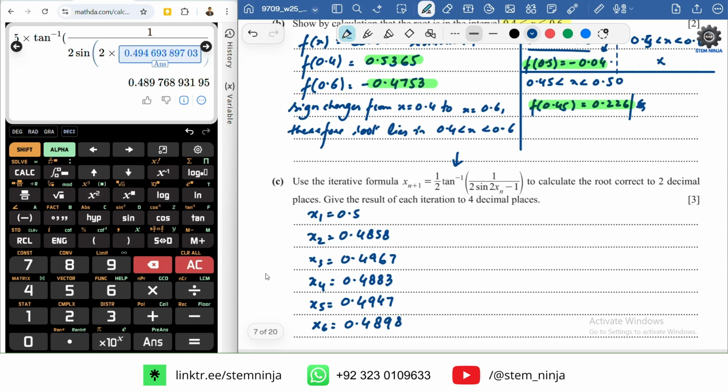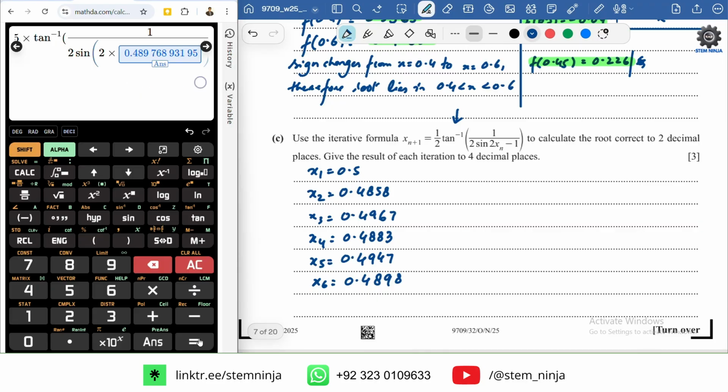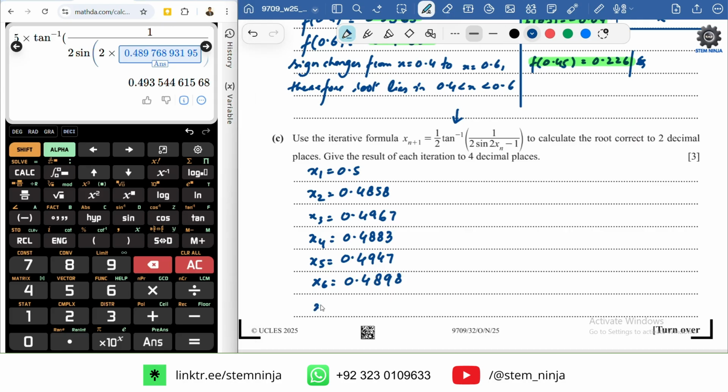As you can see, up to 2 decimal places the numbers are going to be constant. So up to 2 decimal places it's still 0.49. So we are just making sure that we are in the same range.